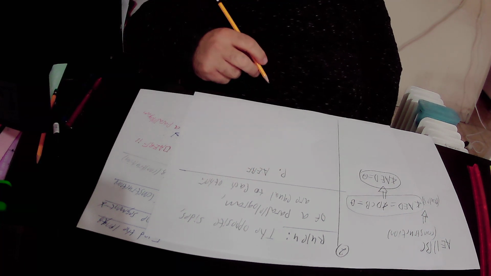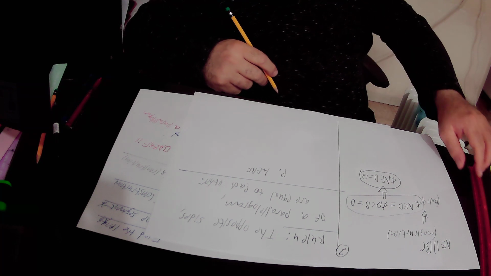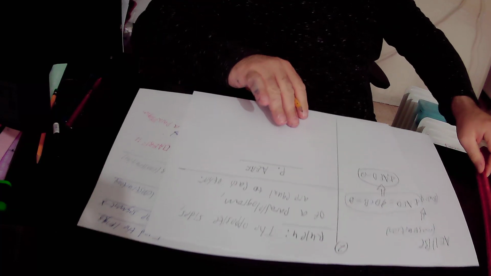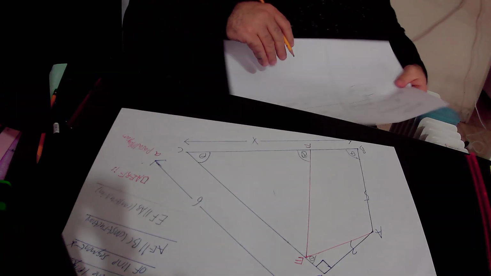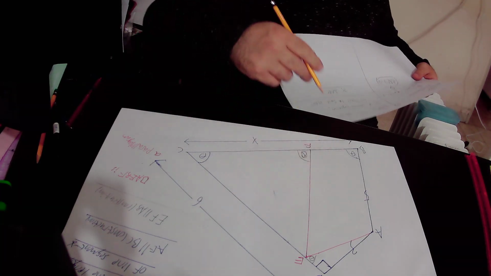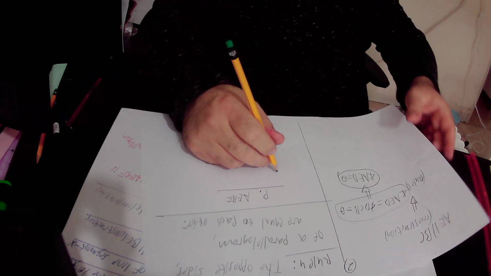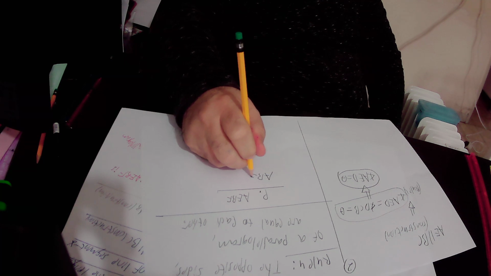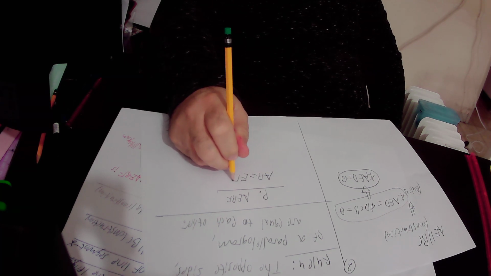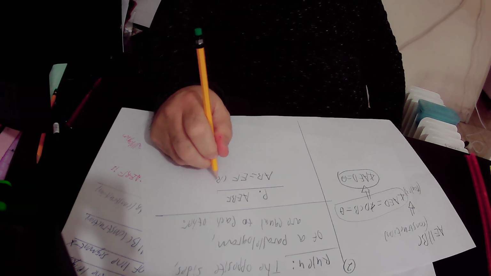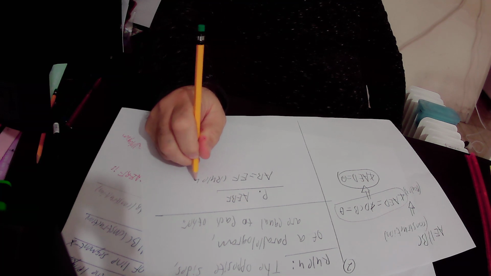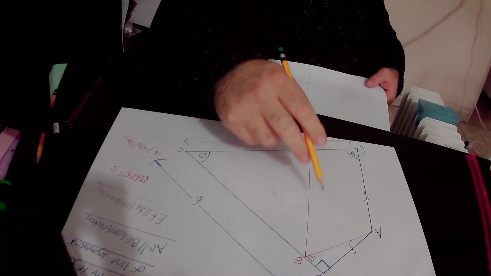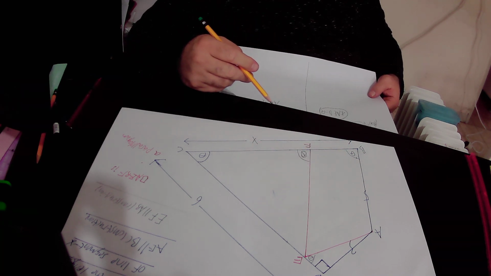Here P is the abbreviation for parallelogram. In parallelogram AEBF, according to rule number 4, side AB equals side EF. Okay, side AB equals side EF according to rule number 4.